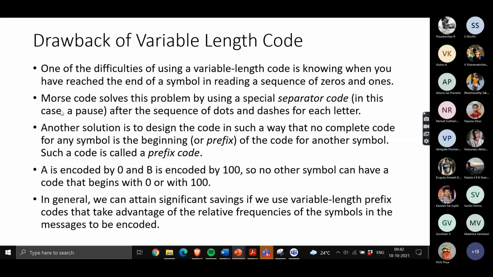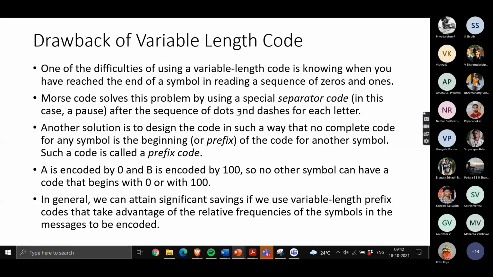So in Morse code we can represent each and every character in terms of dots and dashes, but with different counts. For example, the letter E can be represented by a single dot, and the letter X can be represented by dash, dot, dot, dash. So in Morse code, what you are following is a variable length code.